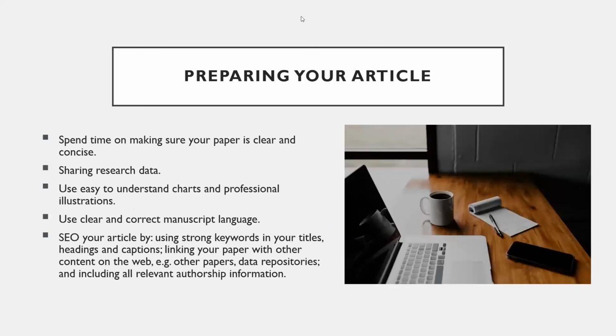So when preparing your article, you need to spend time making sure your paper is clear and concise. Also think about sharing your research data. If you have data or documents, it's important to share them with the journal, so they are available for other researchers to read and use. Use easy-to-understand charts and professional illustrations, and use clear and correct manuscript language.